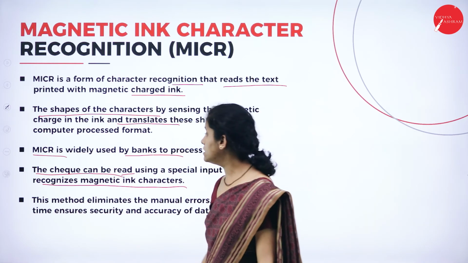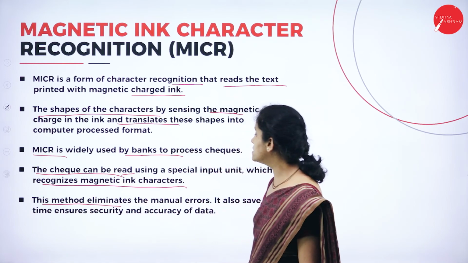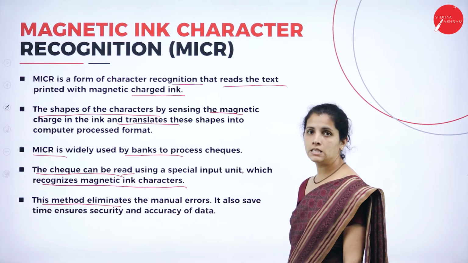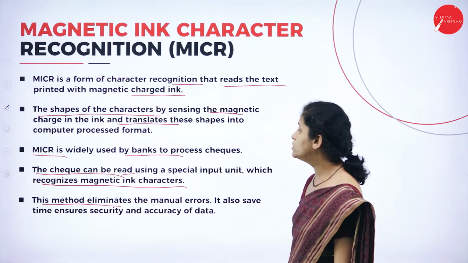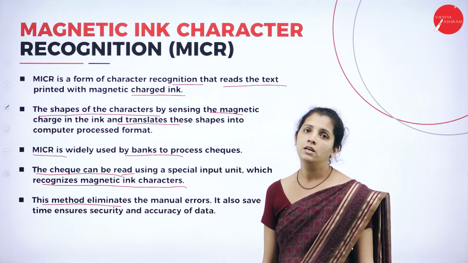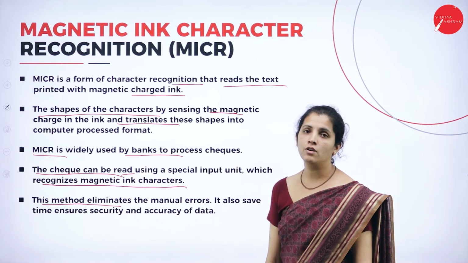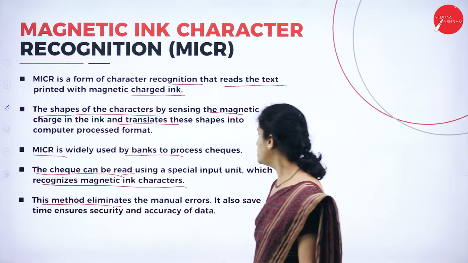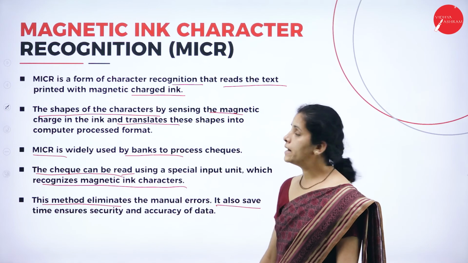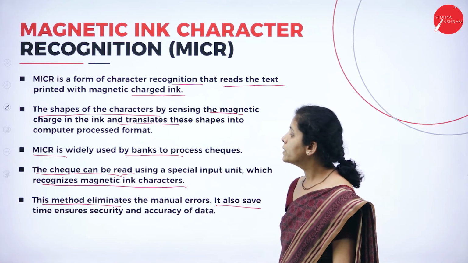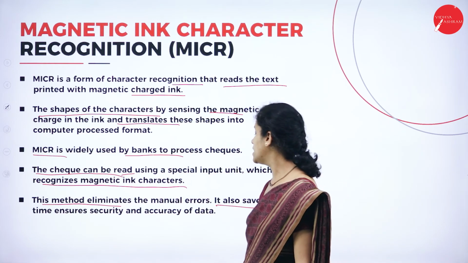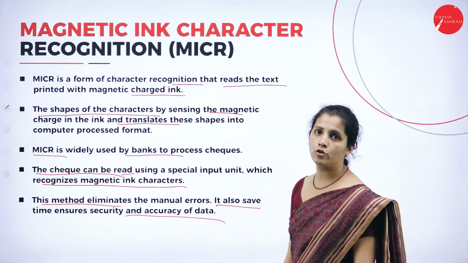So this method eliminates manual error. That means by using MICR, we can eliminate the manual errors which could happen during the scanning procedure of a check. It also saves time. By using MICR, we can save time and provide security as well as data accuracy.